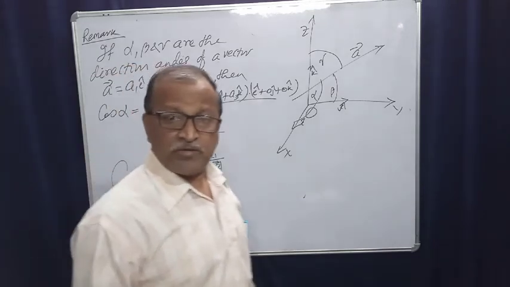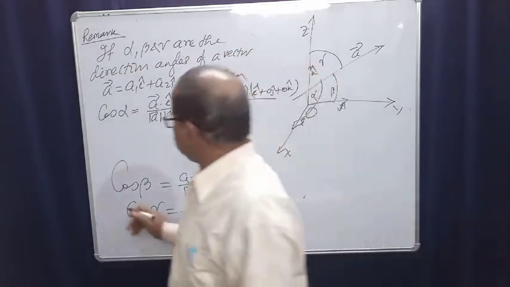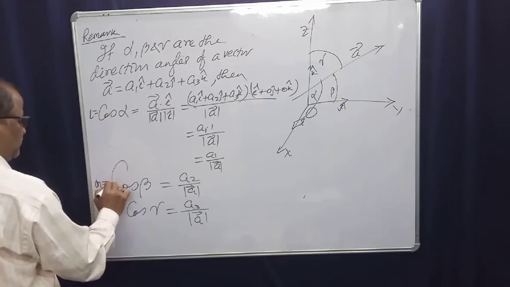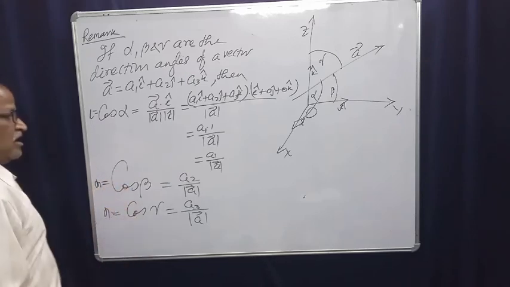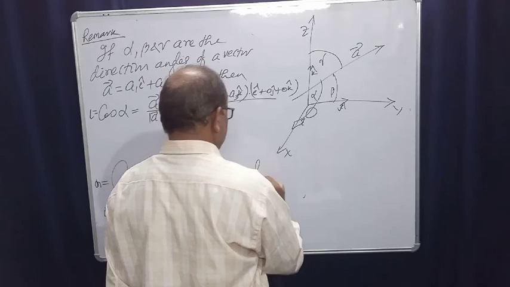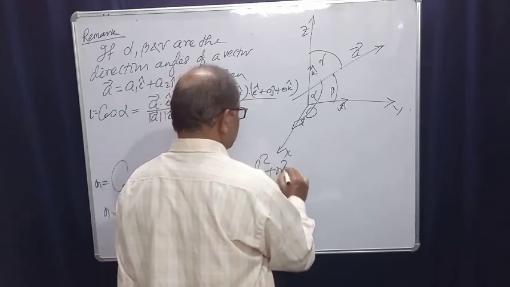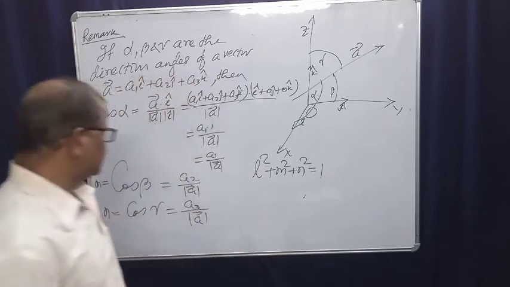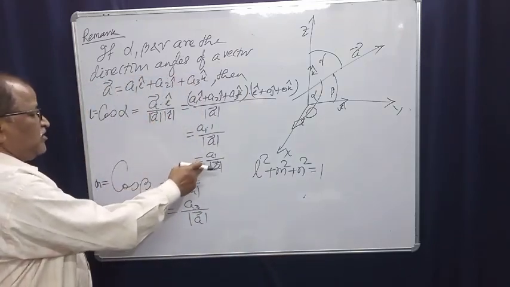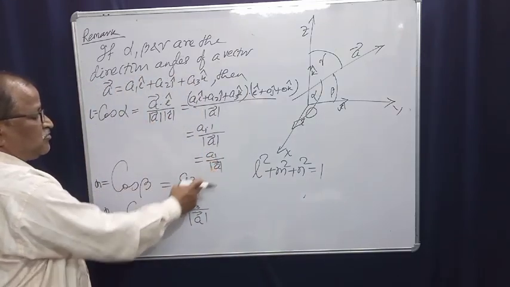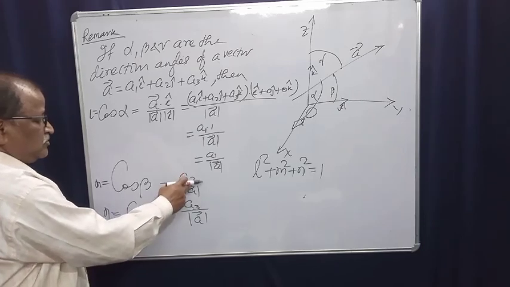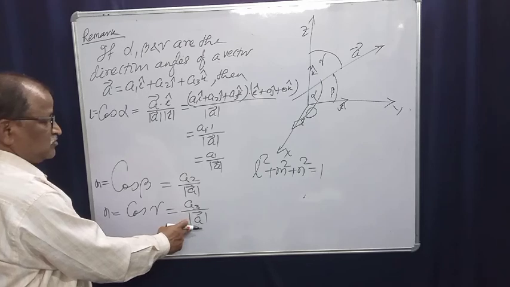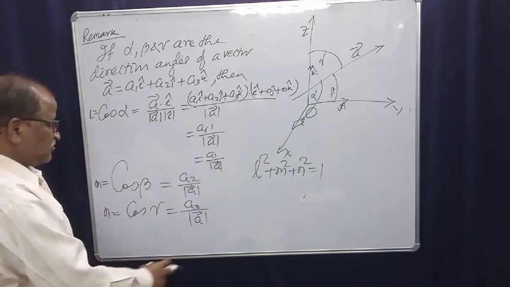So this is another application. These are called L, M, N, and we have already seen L square plus M square plus N square is equal to 1. It will be A1 square by magnitude of A square, A2 square by magnitude of A square, A3 square by magnitude of A square.